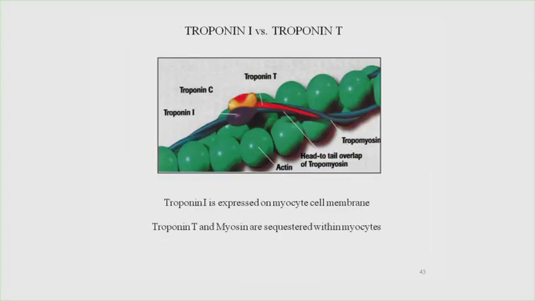What's the difference here? Well, it turns out that troponin I is a regulatory protein. It's involved in the thick filaments and the thin filaments sliding back and forth. It also has another role. It's expressed on the external cell membrane of the myocytes. Troponin T and myosin are sequestered.